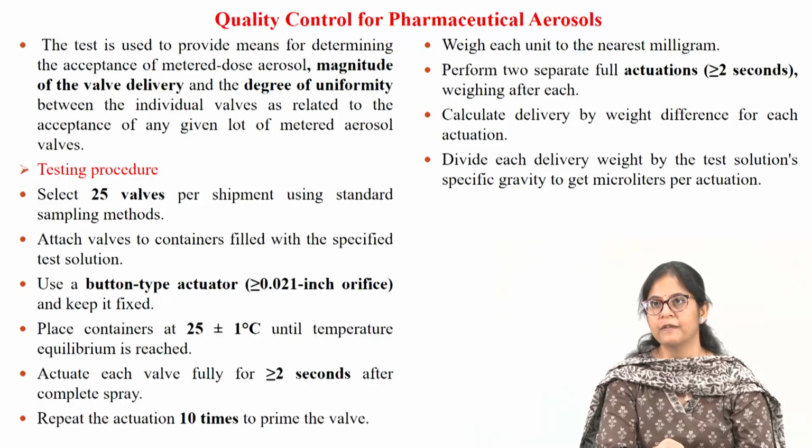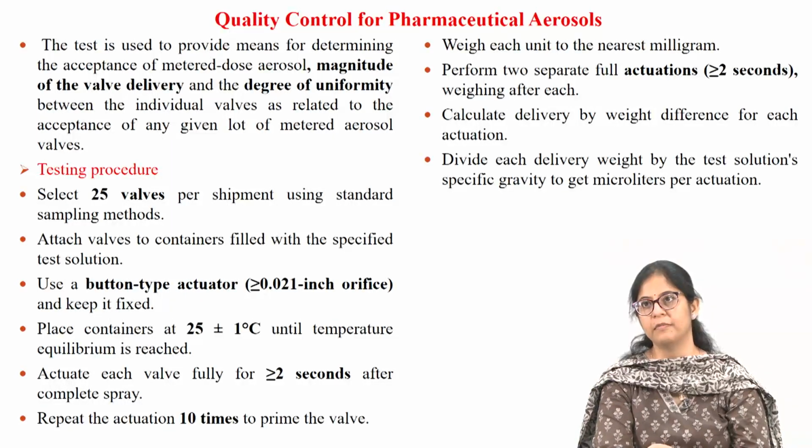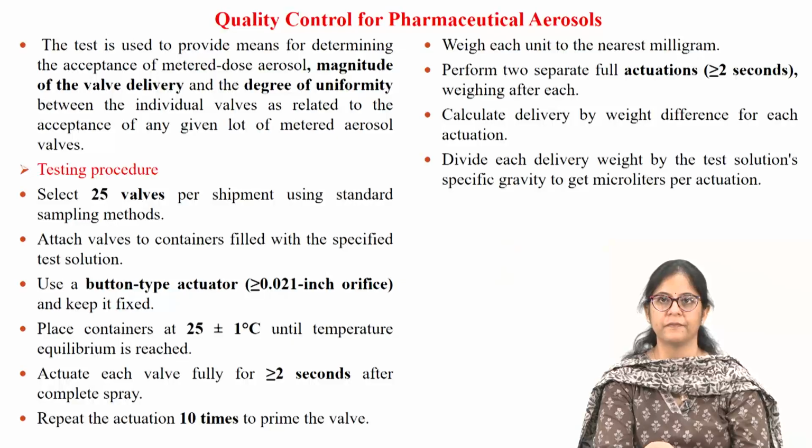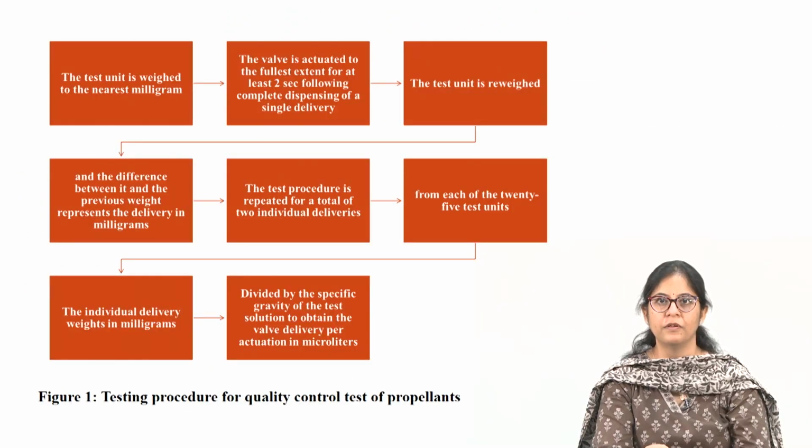The delivery is calculated by weight difference for each actuation. Then each delivery weight is divided by the test solution specific gravity to get microliters per actuation. So, this is the flow chart of the testing procedure for the quality control of propellants.